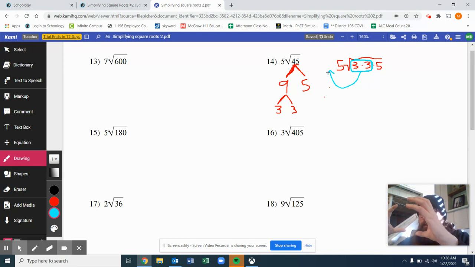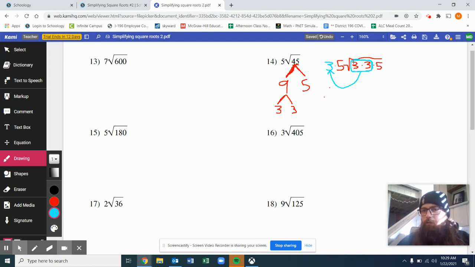So it's a pair of 3's that leave, but when they come out, they just create one 3. So I'm going to put that 3 on the outside and multiply it to the 5. So it's not 35, it's 3 times 5. Where did this 3 come from? It came from this pairing of 3's that left to make 1.